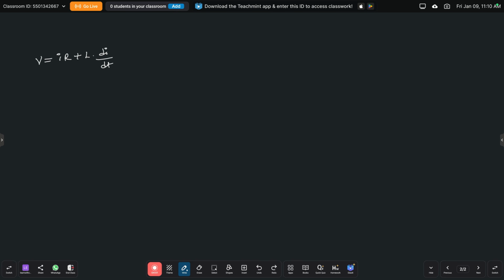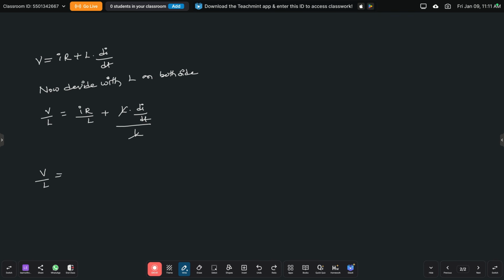Now I divide by L on both sides. After dividing by L, we get V by L equals I into R by L plus L into di by dt by L. This L will be cancelled, and we get V by L equals R by L into I plus di by dt.